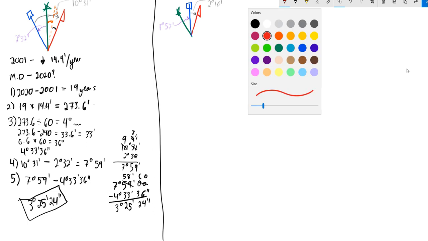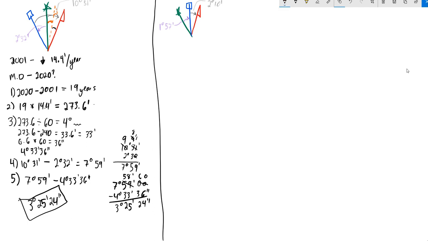Then we're going to say that in 2005 it was increasing at 11.9 seconds per year. So what is the magnetic declination in 2020?